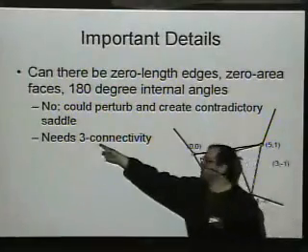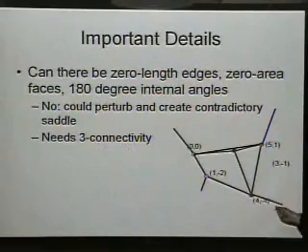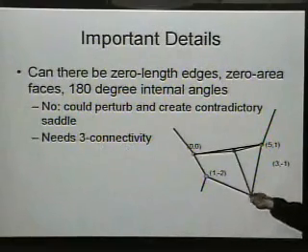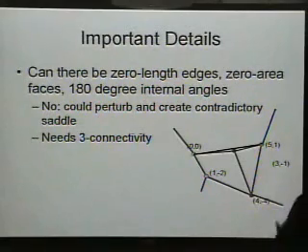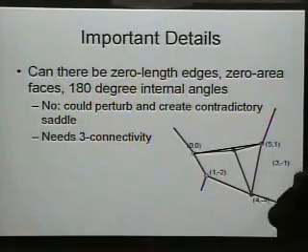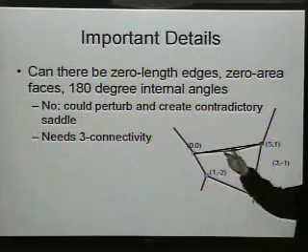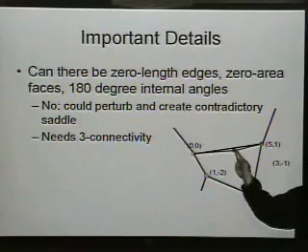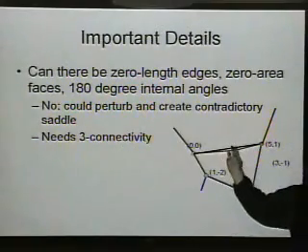This actually requires what's called 3 connectivity of the graph. What it means is that there's no way, if you disconnect 2 vertices and all their edges, that the graph stays connected. If the graph is not 3 connected, that is, if I pull 2 guys away and it falls apart, then these degeneracies are actually quite typical. Okay? So the complete theorem needs 3 connectivity to avoid degeneracies in the drawing.